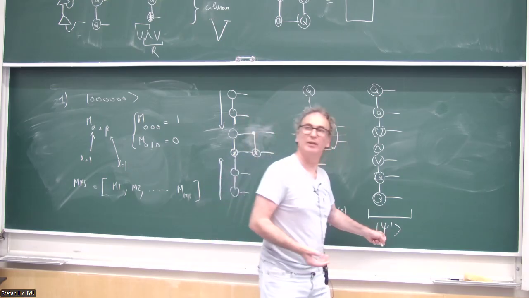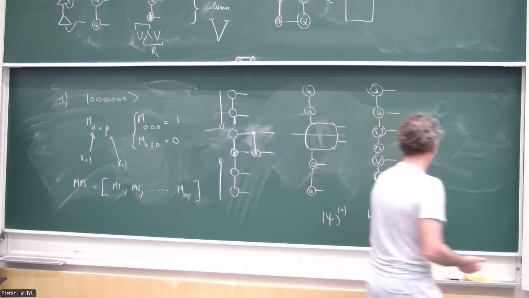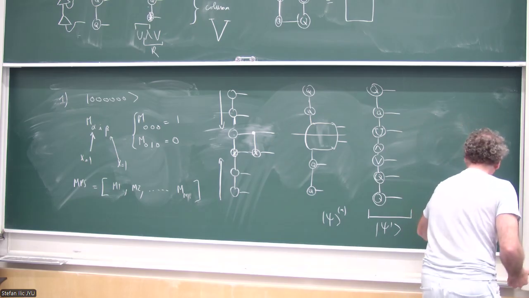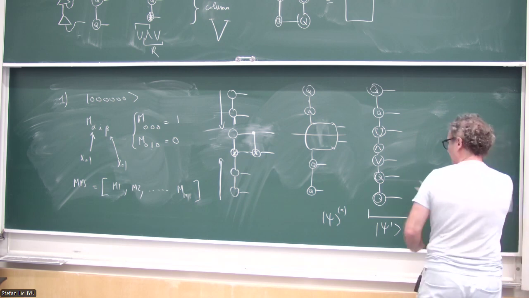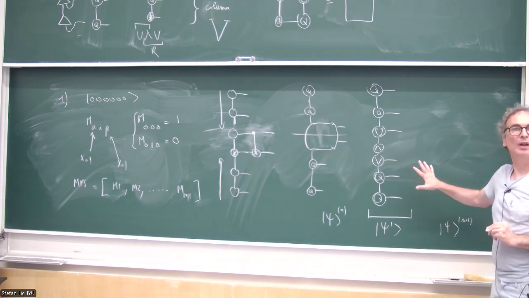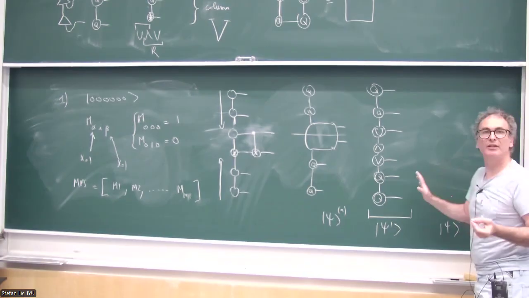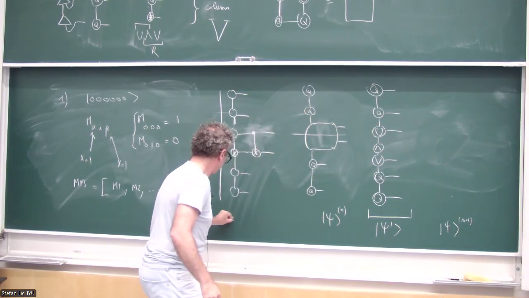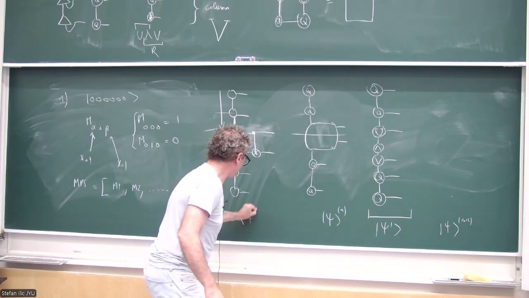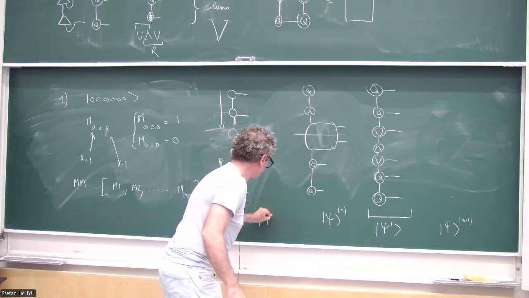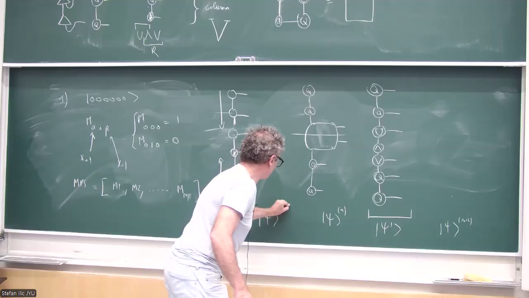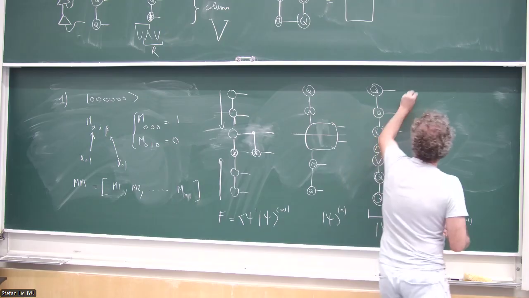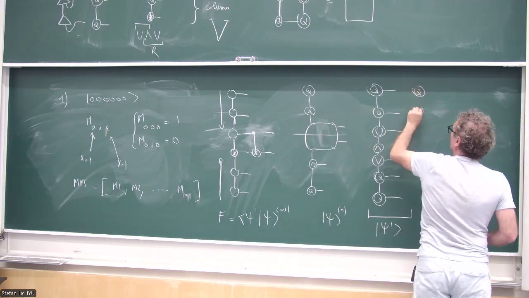I should have gotten this, but instead I got psi n plus 1, which is this truncated. So if I'm interested in the fidelity of my truncation, which is psi prime with psi n plus 1, this is actually the scalar product of this with the truncated one.